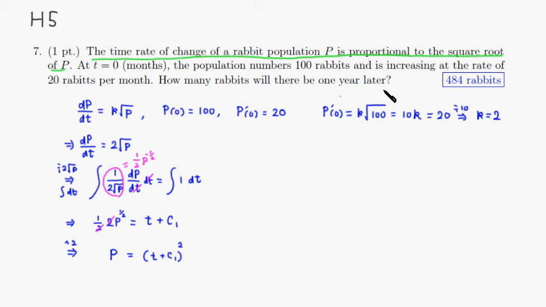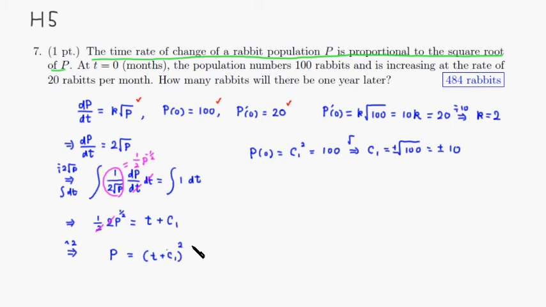Since we already used P prime of 0 equals 20, we can still use P of 0 again. So P of 0 is equal to C1 squared, which is equal to 100. Which means that if we take the square root of both sides, C1 is the square root of 100, so it's plus or minus 10.